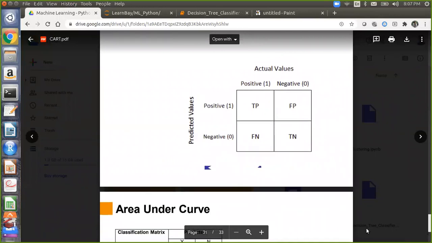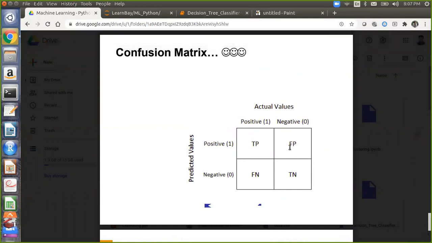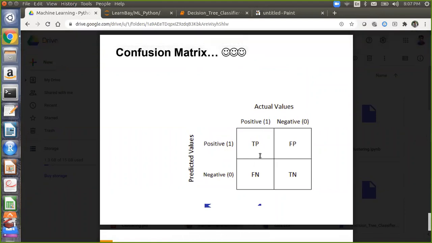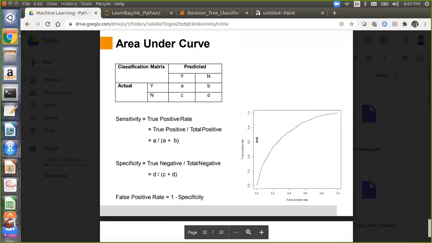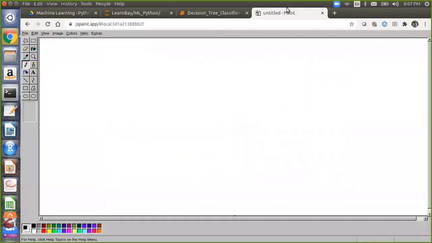So what is false positive? When you are predicting 1 as 0. So false positive is a wrong prediction. True positive is when you are predicting 1 as 1. Area under the curve talks about how your model is predicting the false positive rate and true positive rate. Area under the curve is a very important thing to understand.